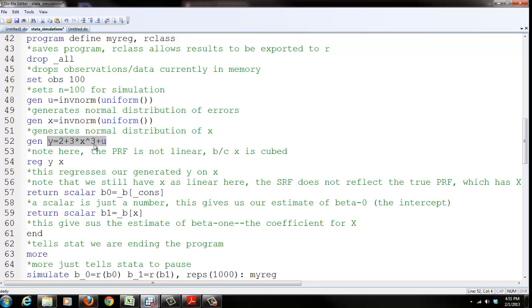It doesn't have to be linear in its variables. But here we've specified that the coefficient 3 applies to x cubed. What if we don't apply that to our understanding of the sample regression function? Will that produce unbiased estimates of beta 1?